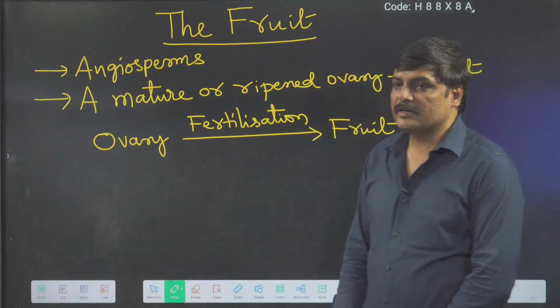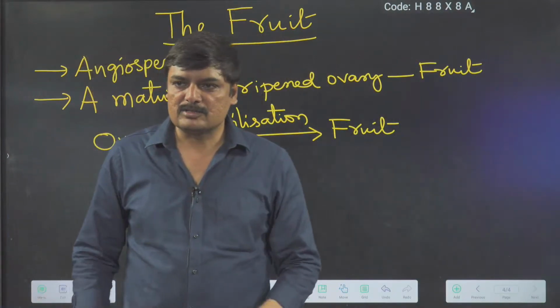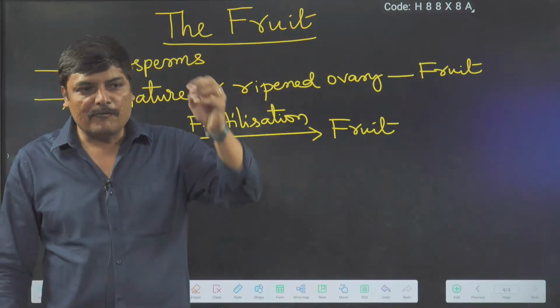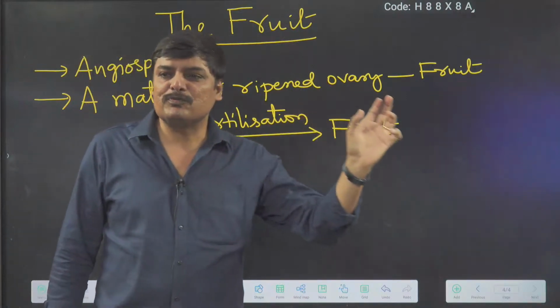In botanical terminology, we can say a ripened ovary is called fruit. So after fertilization, ovary develops into fruit.